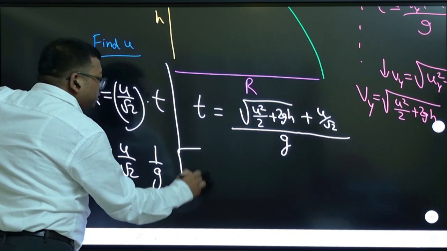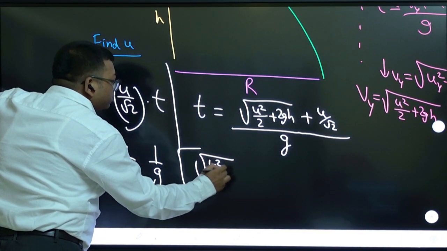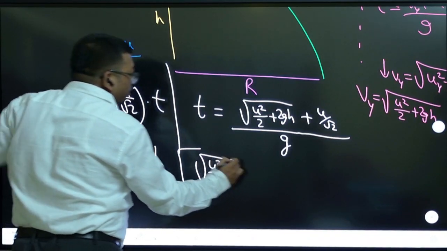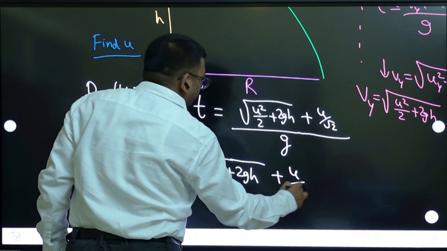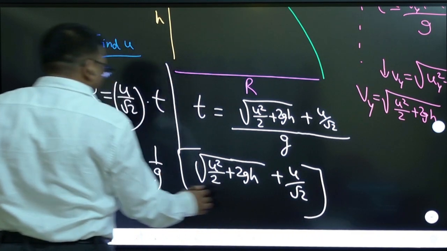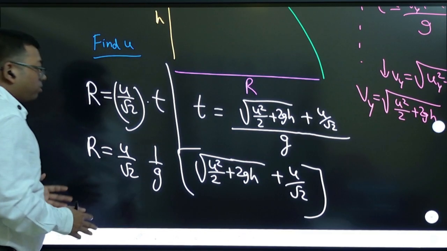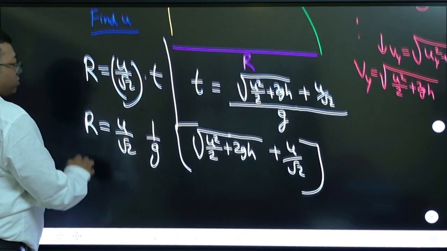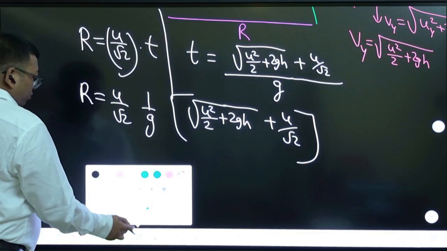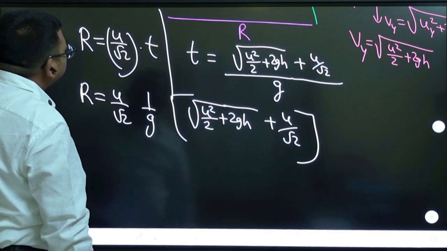So this term is nothing but root under u square by 2 plus 2gh plus u by root 2. So from this equation u we need to solve. How to solve u? Now you think about it.